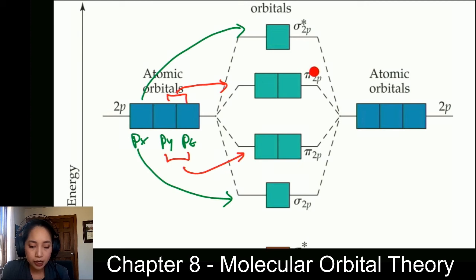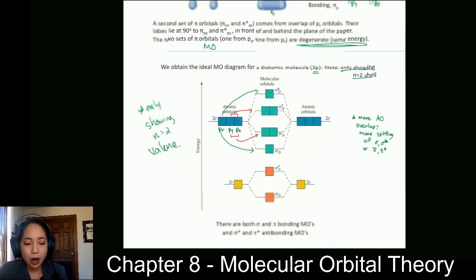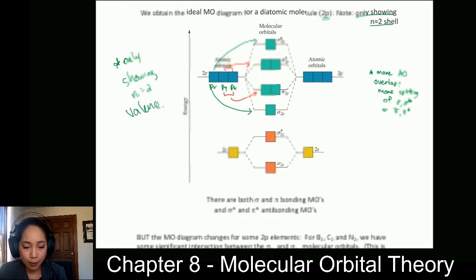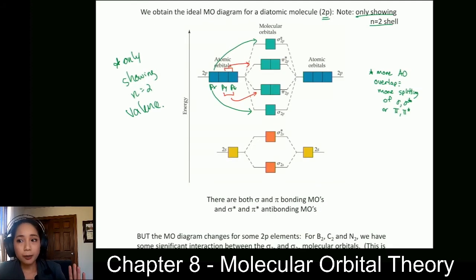You see here the antibonding molecular orbitals are higher in energy than the original atomic orbitals, while the stabilizing bonding orbitals are lower in energy. So this is our idealized MO diagram for a 2p molecule.